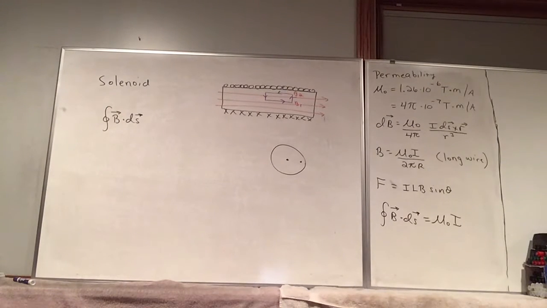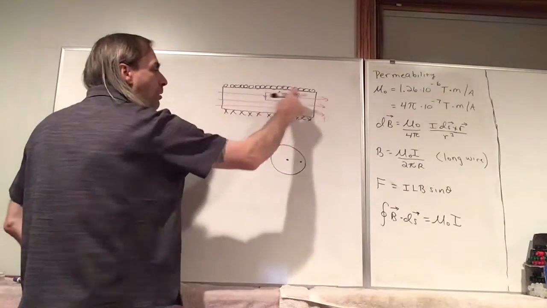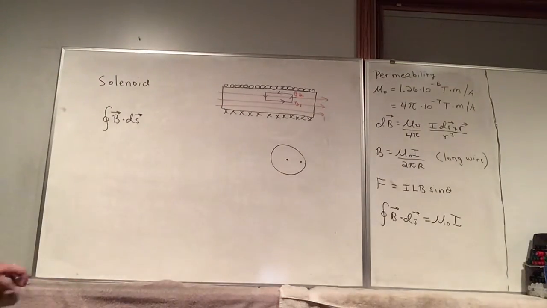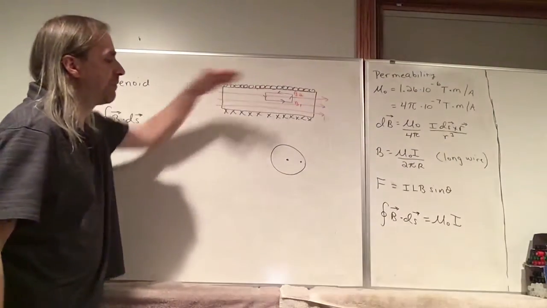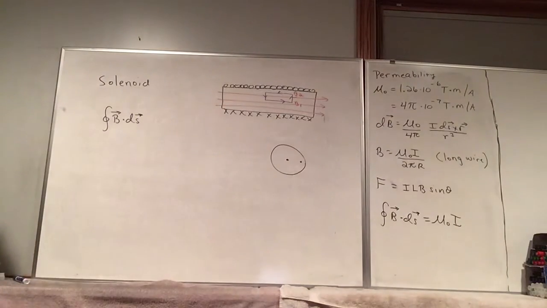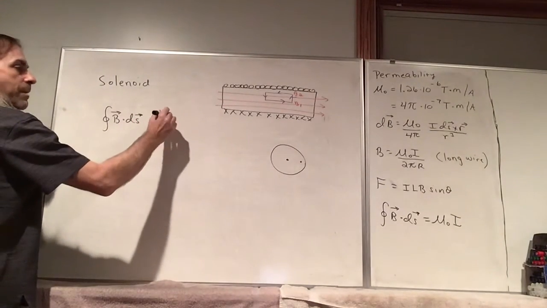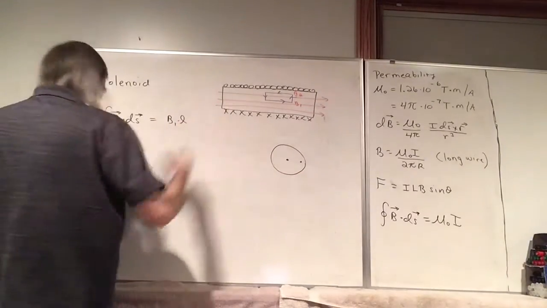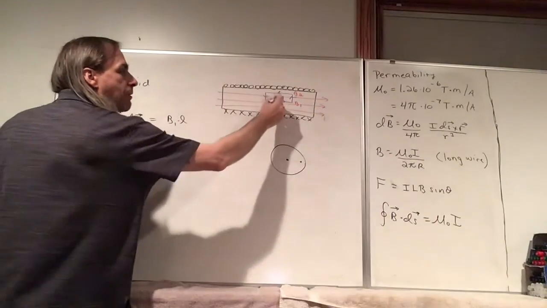Now we have 4 segments, and 2 of them are 0. Along these 2, let's do B1 first. Along this line segment with magnetic field B1, that's going to be B1 times L, where L is the length of this line segment.